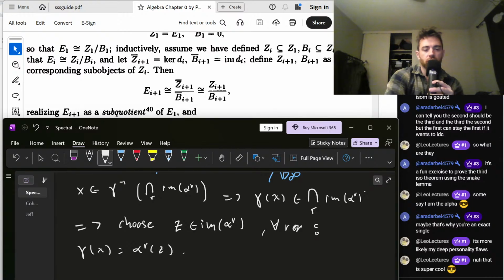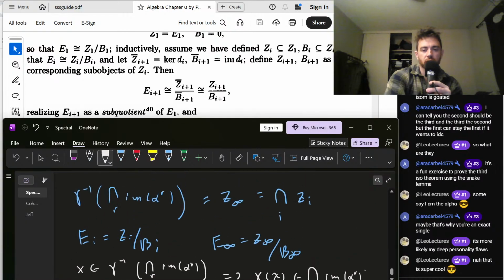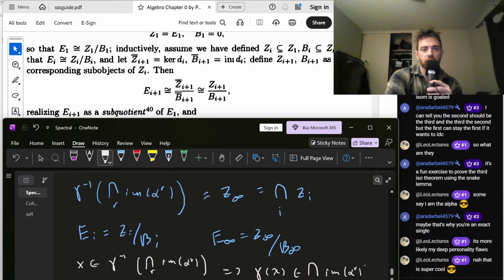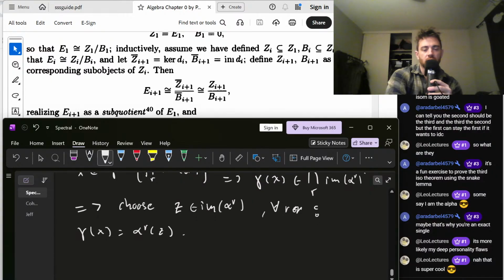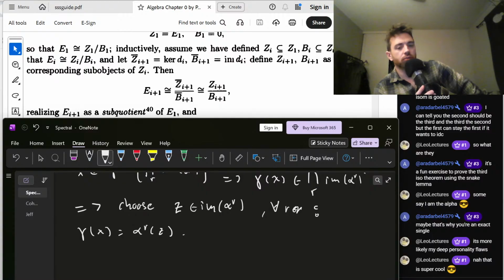And what am I trying to do? I'm trying to prove that X is in every Z_i. Out of coffee, damn. I'm trying to prove that X is in every Z_i. Well, how did we construct the Z_i's?